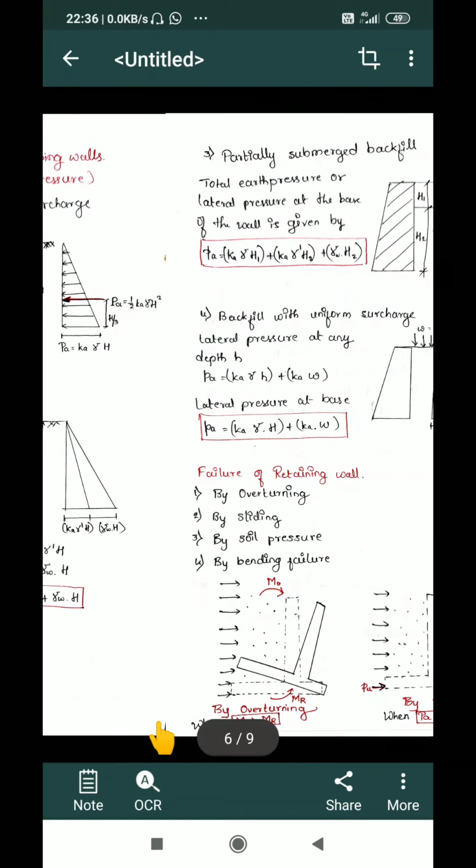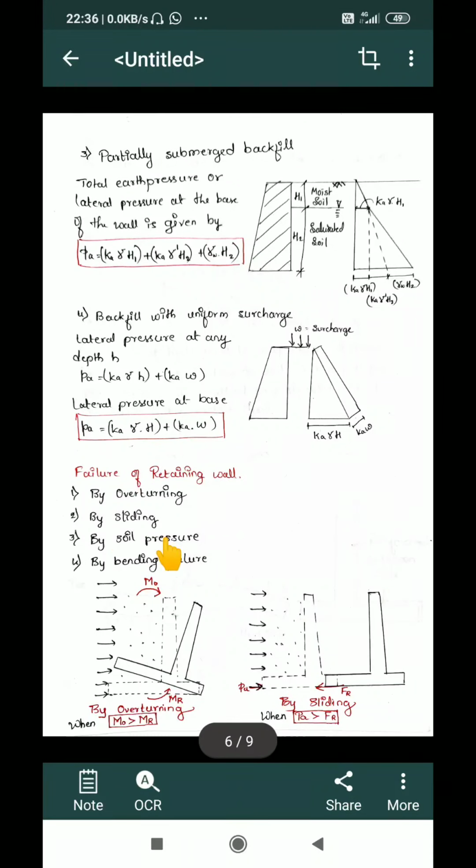Second case is failure by sliding. Suppose I have a retaining wall in this position and I have a backfill.